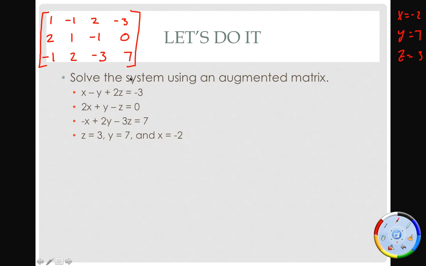Now, you do have to be careful. In this case, it was all x, y, z number, x, y, z number, x, y, z number. You have to make sure that you have an x column, a y column, a z column, and then the equal to part column. So notice we don't use any x's, y's, and z's in this. We're just going to use the coefficients themselves. Oops.